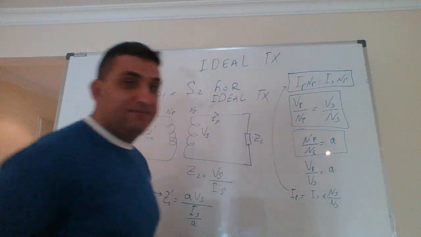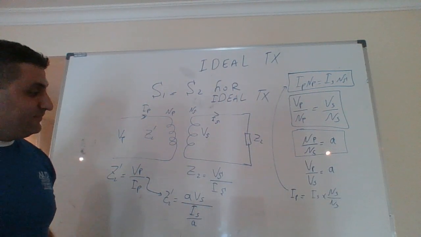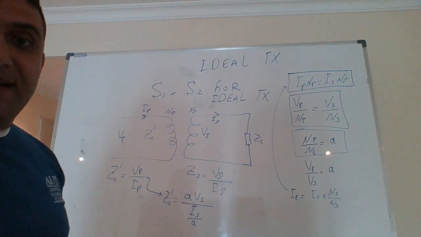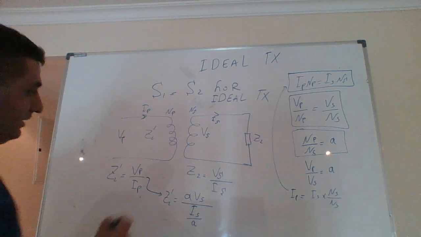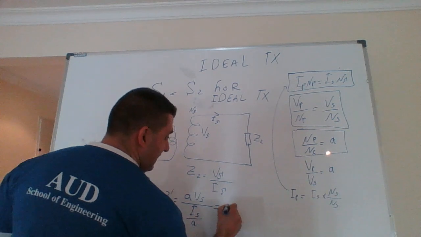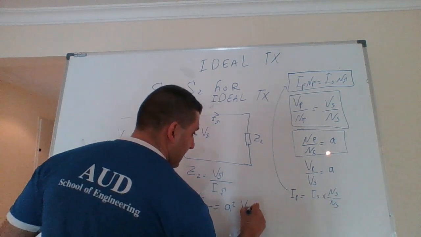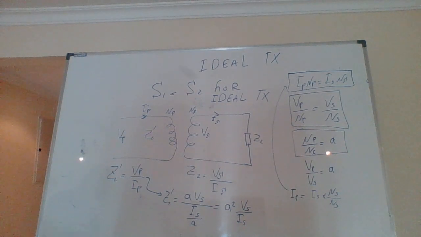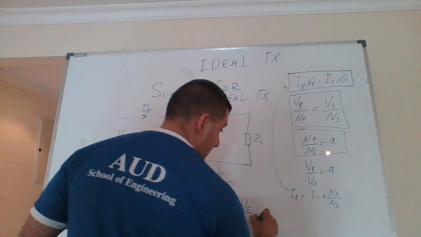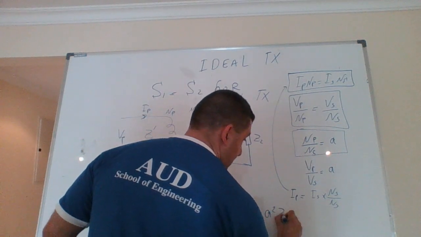Check it. Is that clear? Okay, beautiful. Now, this will give me A squared Vs over Is, which gives me A squared Z2.